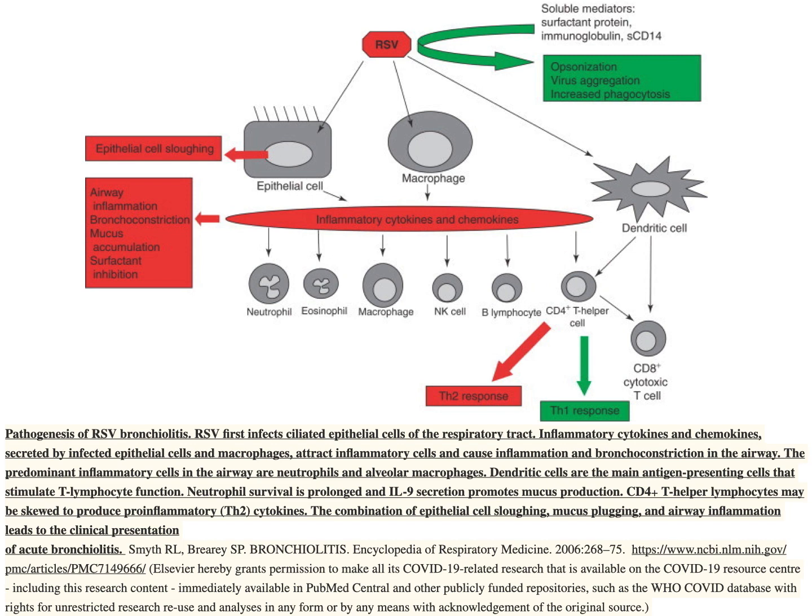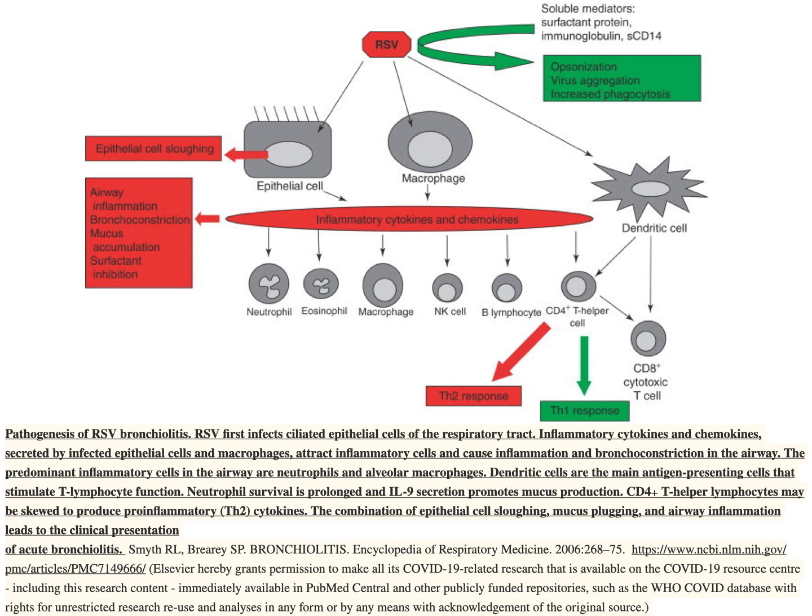The predominant inflammatory cells in the airway are neutrophils and alveolar macrophages. Dendritic cells are the main antigen-presenting cells that stimulate T lymphocyte function. Neutrophil survival is prolonged and interleukin-9 secretion promotes mucus production.